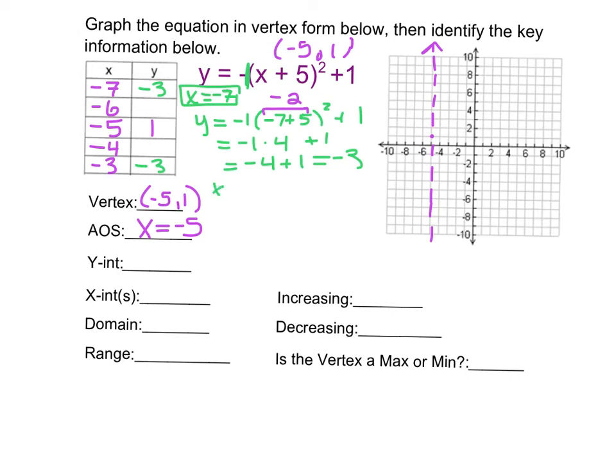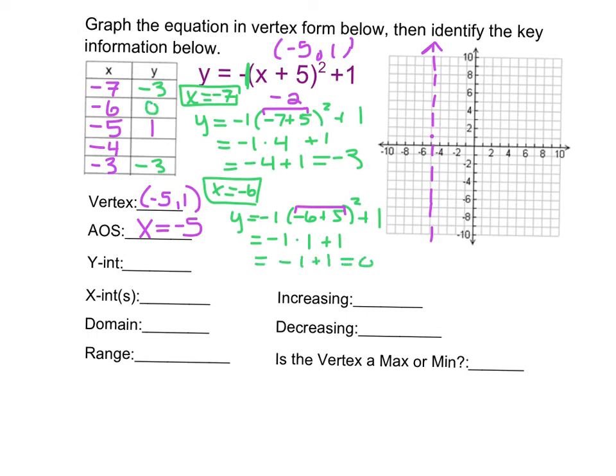Then from here I can do x is equal to -6. So I have y equals -1 times (-6 plus 5) all squared plus 1. Again, using order of operations, -6 plus 5 is -1. -1 squared is just 1. So I have -1 times 1 plus 1, which turns into -1 plus 1, which is 0.